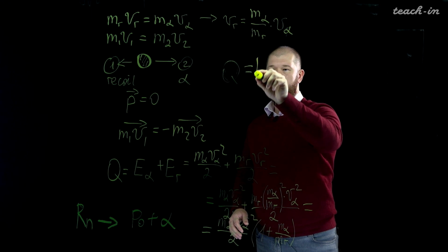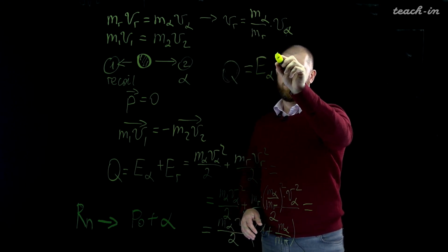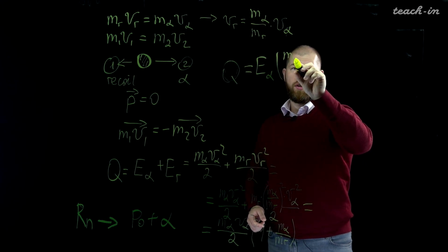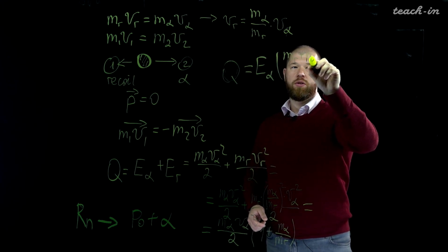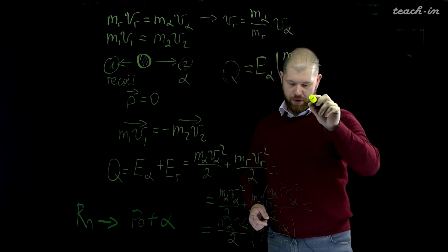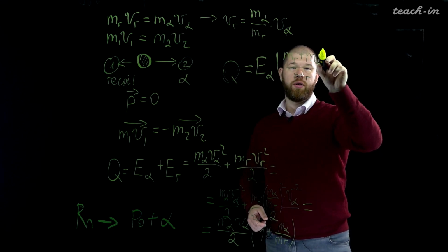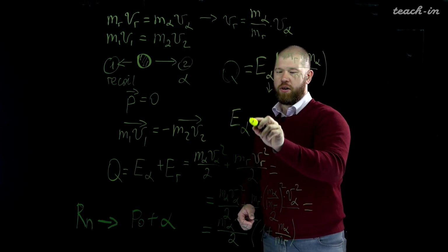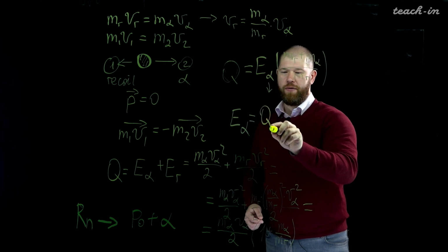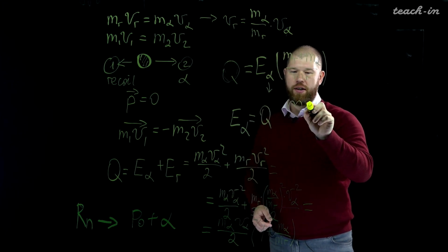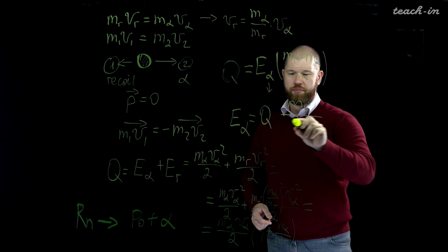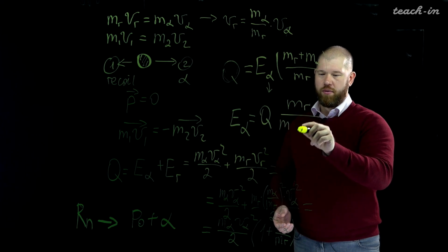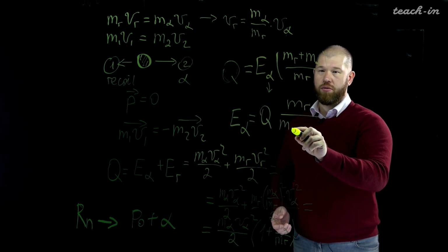Equal to energy of alpha particle, and here it will be this ratio, m recoil divided by m alpha plus m recoil. And from this we can recalculate the energy of alpha particles as the energy of the decay multiplied by this ratio.